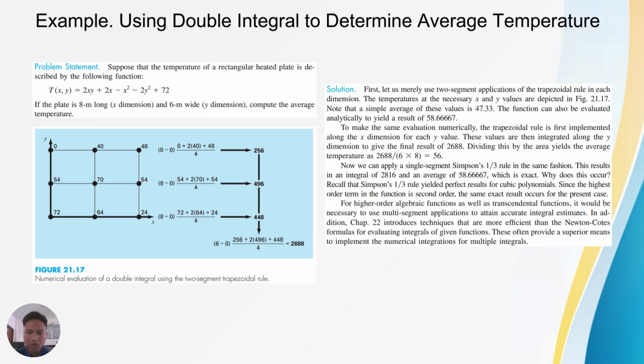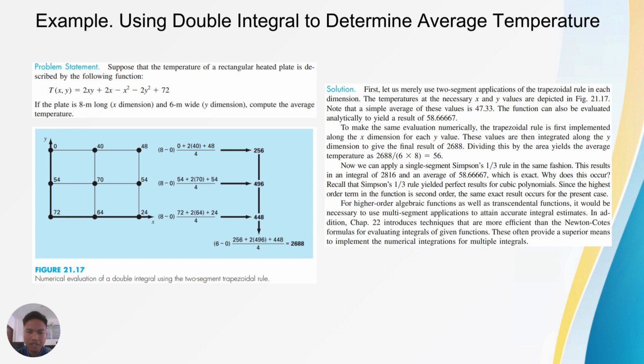The function can also be evaluated analytically. We have different methods that we can use to get the average temperature. Evaluated analytically, we get a result of 58.6667.